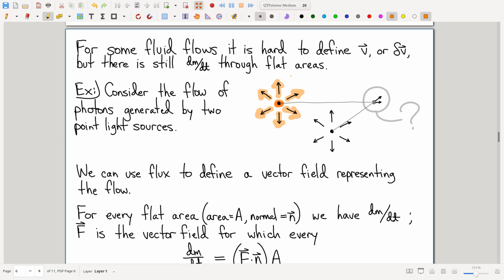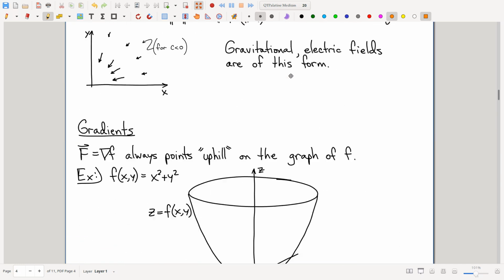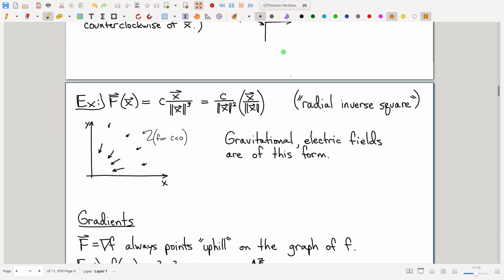But it's a very large number of teeny tiny little things, just like water is a very large number of teeny tiny little things, molecules. So you can interpret this as a fluid flow. Very natural. And you can write down a vector field that represents this fluid flow. By the way, just for your curiosity, it's inverse square radial, as it turns out.